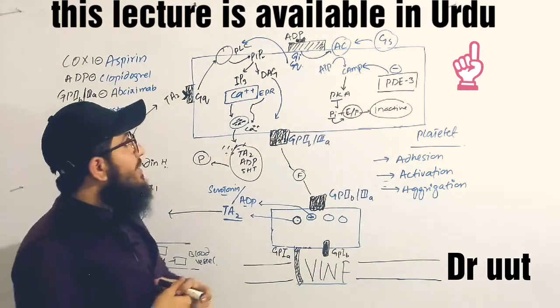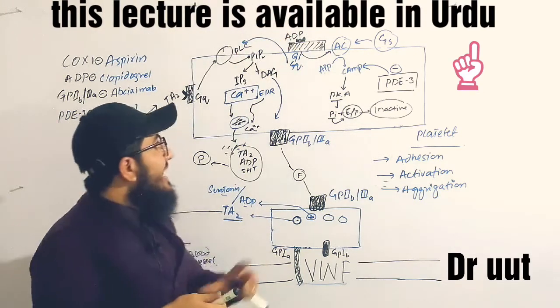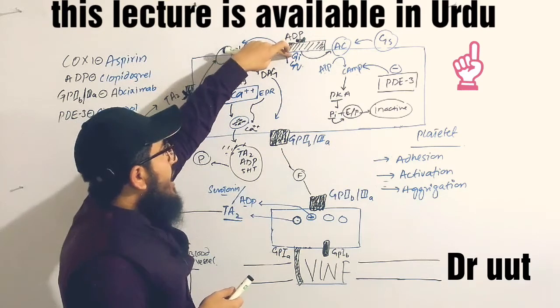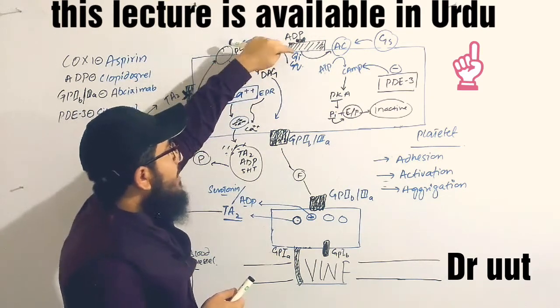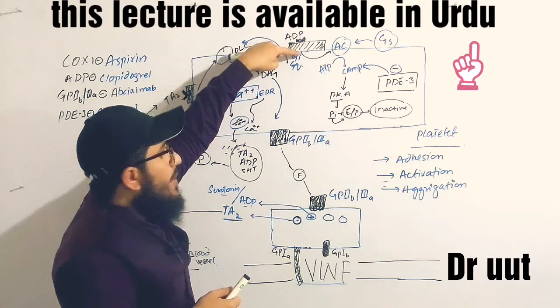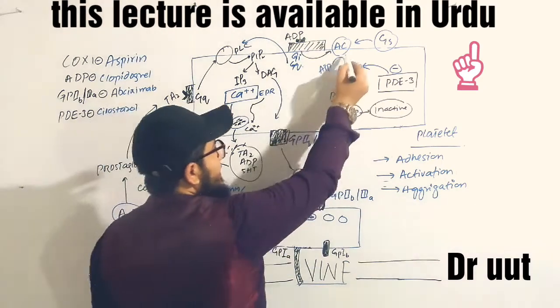So now what ADP does, when ADP binds to this receptor, it activates two pathways, GI and GQ. GQ, you got the concept. When it activates the GI coupled pathway, when GI protein is stimulated, it will inhibit adenylyl cyclase.